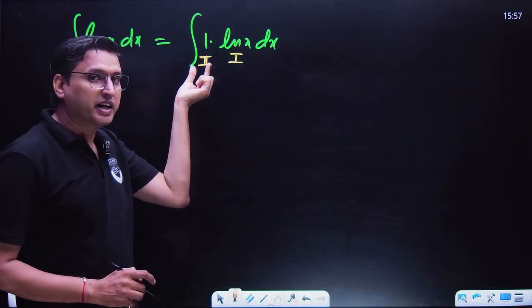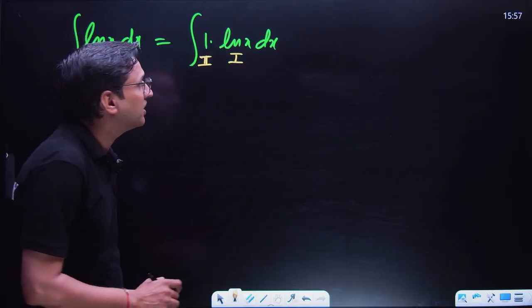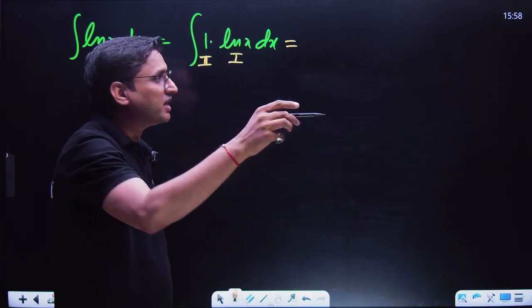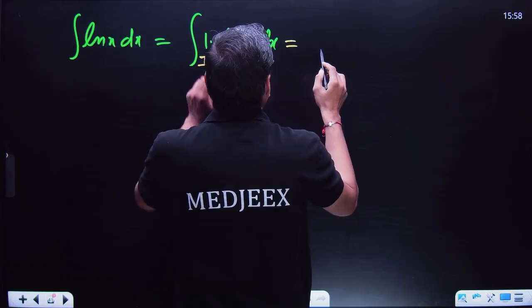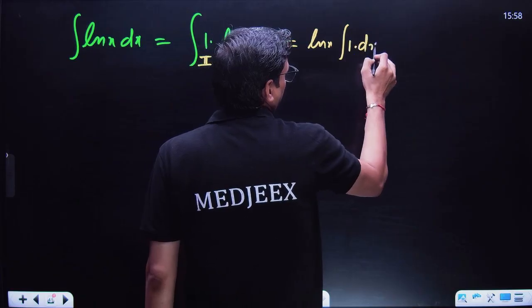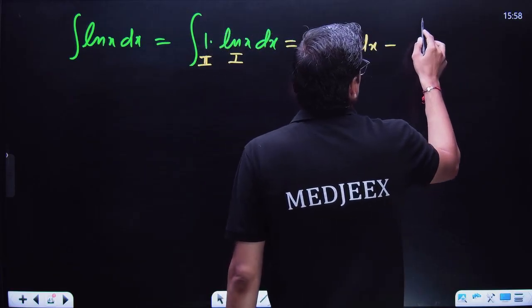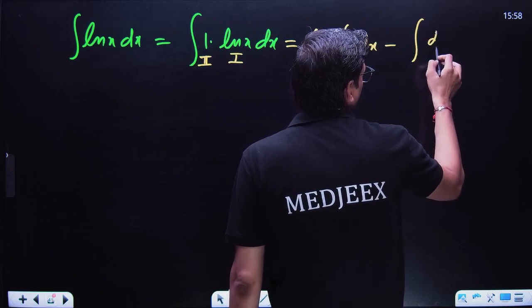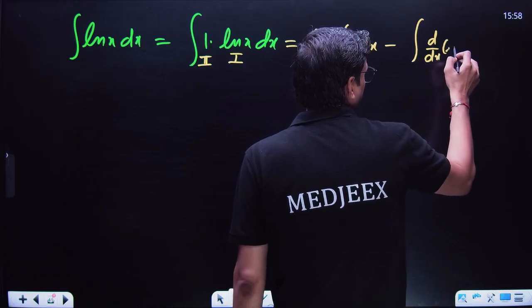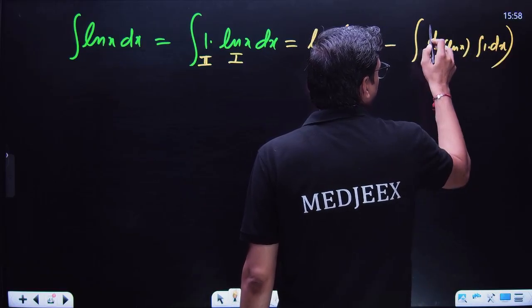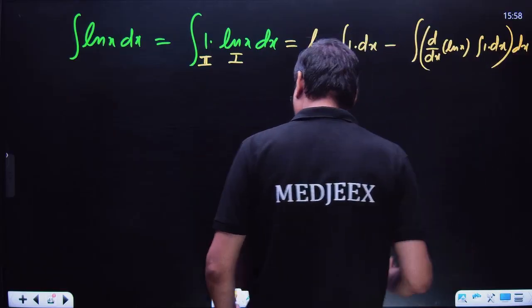I am going to integrate this, I am going to differentiate this. Now apply the ILATE rule, integration by parts, and I can write 1 ln x outside, integration of 1, minus integration of the differentiation of ln x, integration of 1 dx, the whole integration of dx, correct?